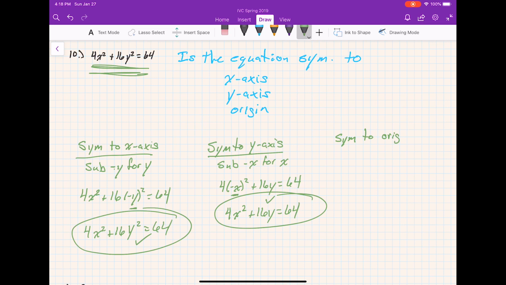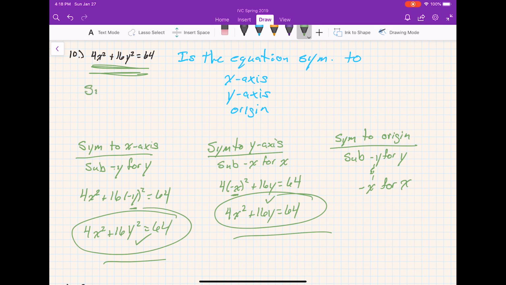Now we look at symmetry in respects to the origin. Well, in this case, we sub -y for y and -x for x. So we do both substitutions. But we've already done it for each of them individually and discovered that it's going to be symmetric. It's going to be the same value. So why would it be any different here? It wouldn't.